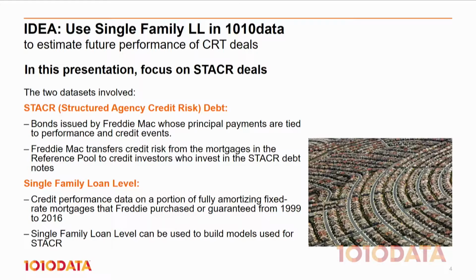STACR represents unsecured bonds issued by Freddie Mac, in which the principal payments and the interest paid to the investor depend on the credit performance of some loans that belong to a reference pool. Whenever Freddie Mac issues a new one of these deals, they also release the reference pool, and you can take a look at all the loans in that reference pool.